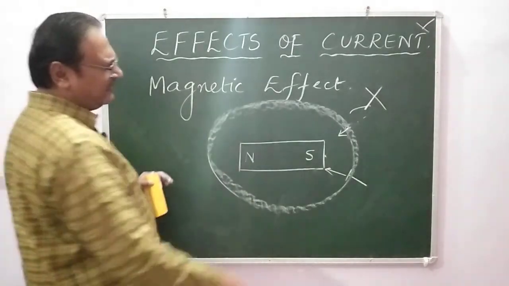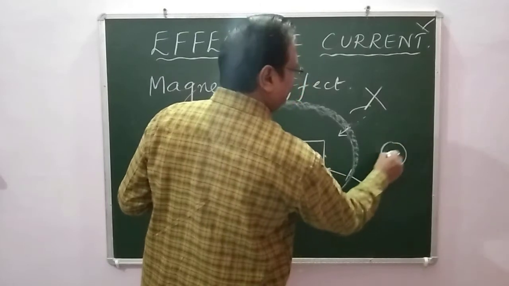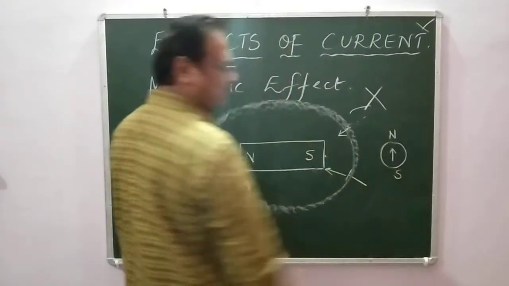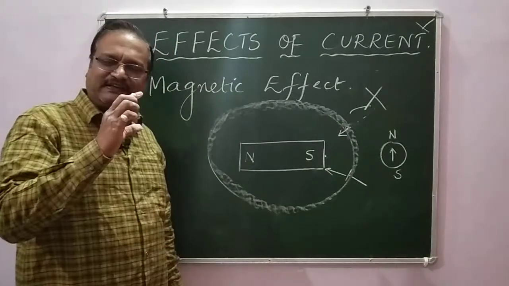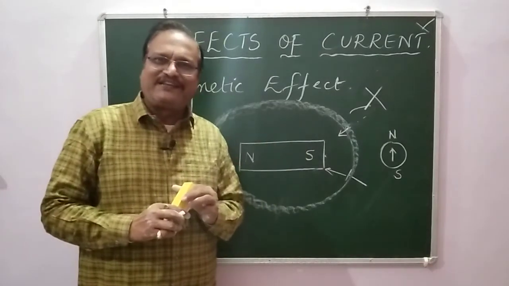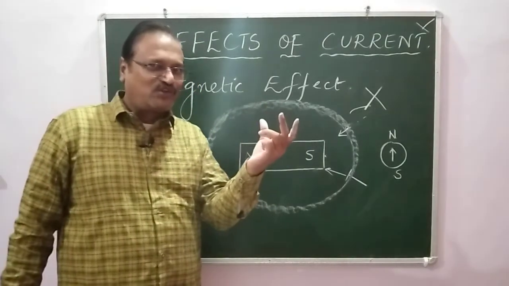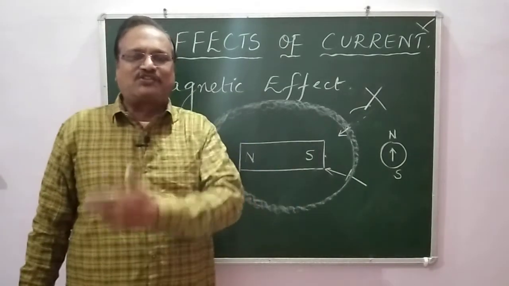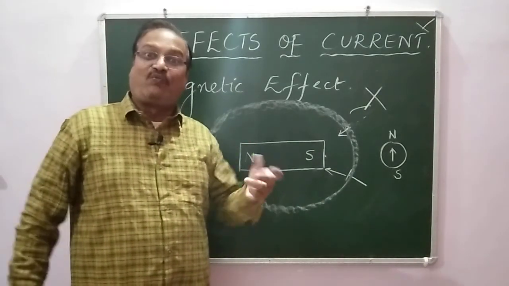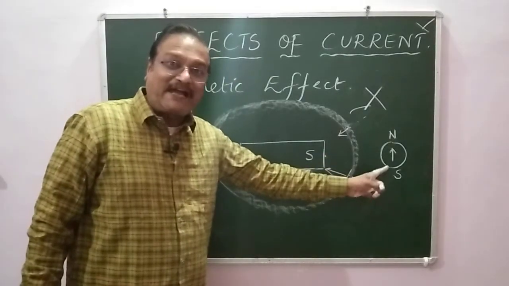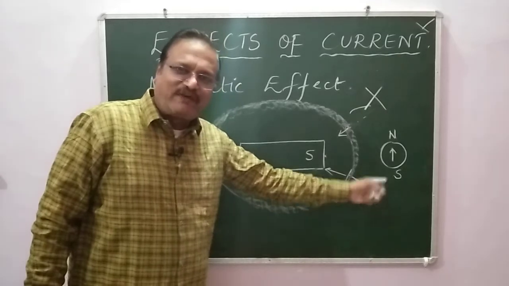Now if I bring a compass, with a magnetic north pole and south pole, people use it when they construct houses and all. At that time also they use it to see the direction, where to keep the kitchen, and so on, Vastu Shastra. In that also they use a magnet. Where is the magnetic compass used?